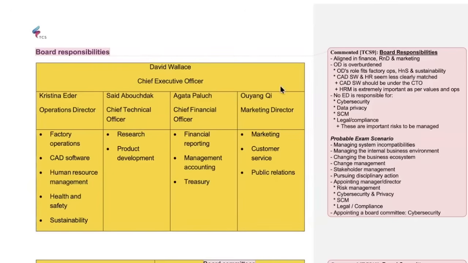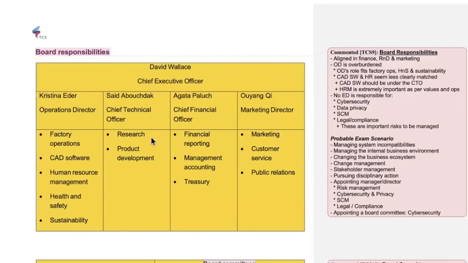So if you look at the marketing director, this individual is involved with marketing initiatives, customer service, and conducting PR. So this is aligned with the routine responsibilities carried out by a marketing director. The same could be said about the CFO, because this individual is looking into financial reporting, management accounting, and managing treasury functions. Again, typical of a CFO.